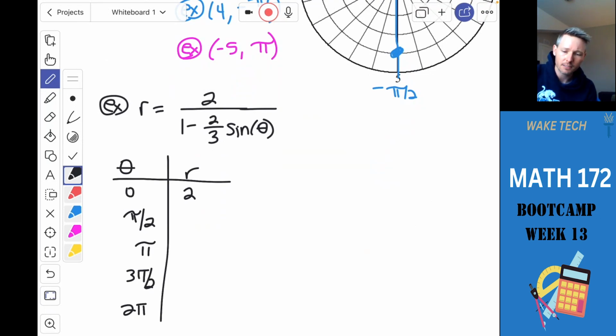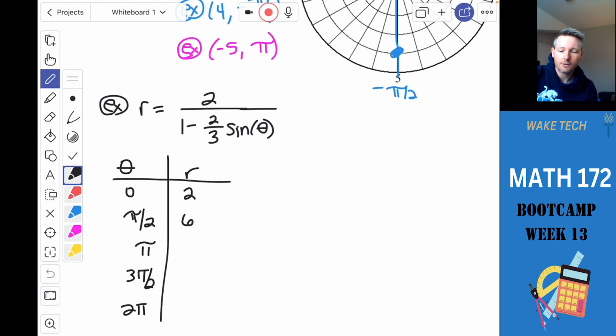After I got the answer of 2, I scrolled back up to the line where I entered the calculation, pushed enter to select that entry, and then changed the 0 to pi over 2, which is the only thing I'm changing. Pushing enter gives me the next value, 6. I can scroll back up and repeat that process for the remaining angles we need.